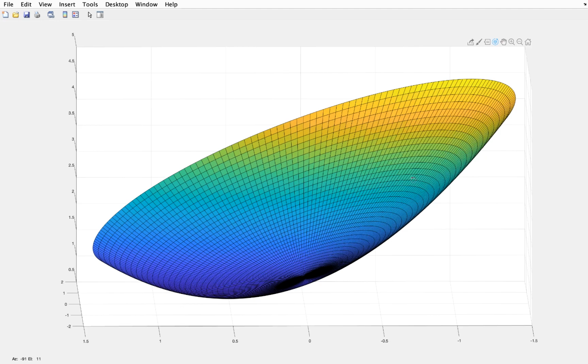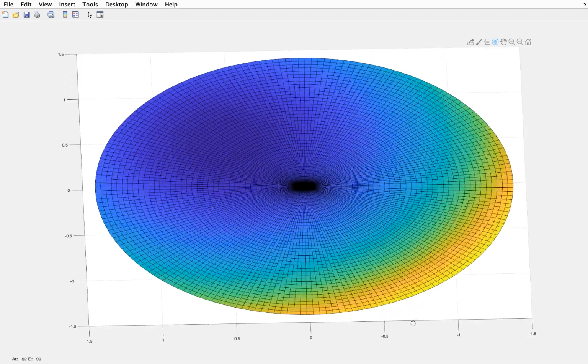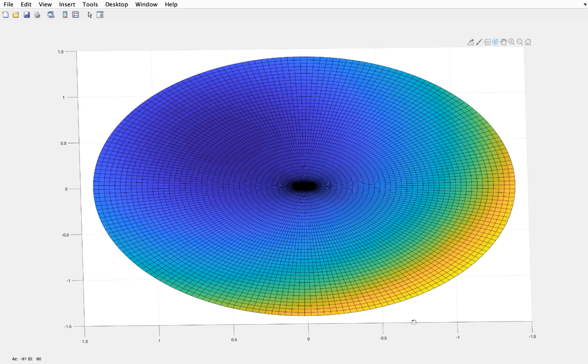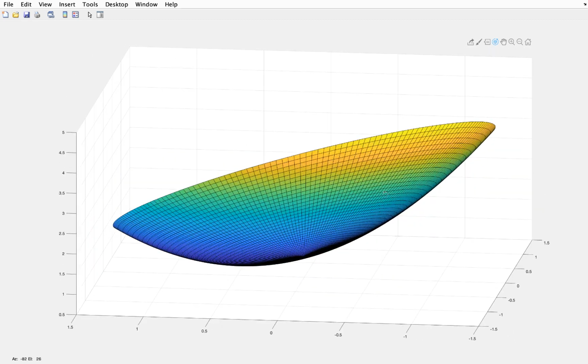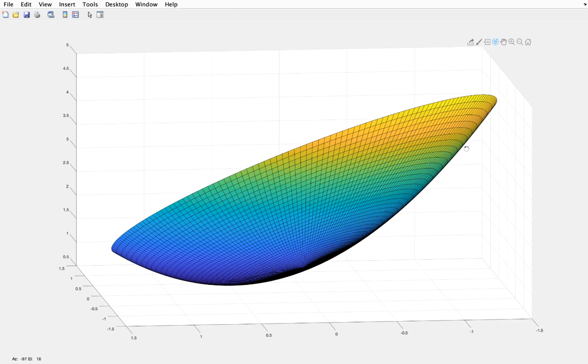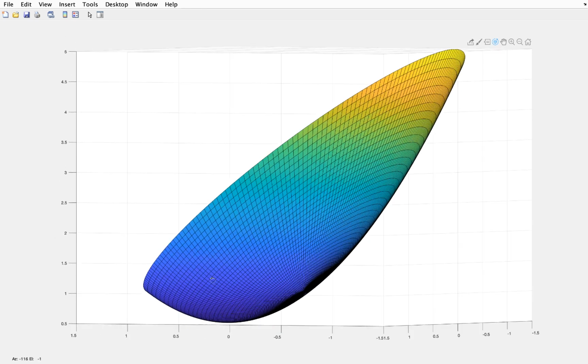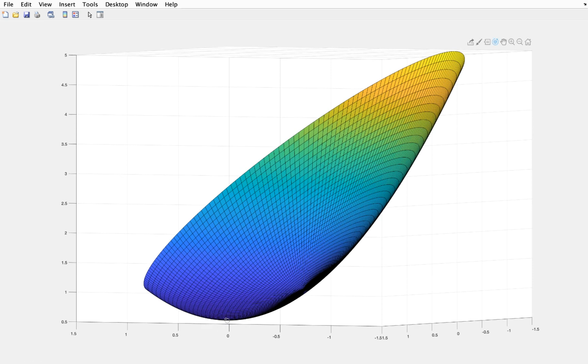So let's take a look at our function evaluated on a disk. And of course, we can see that, in fact, the maximum occurs at the boundary. And we get a value of 5. And the minimum occurs right somewhere in the interior, and we get a value of 0.5.